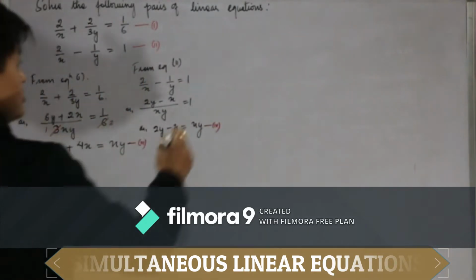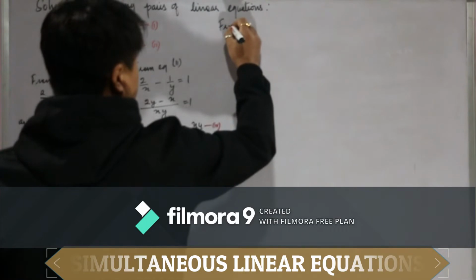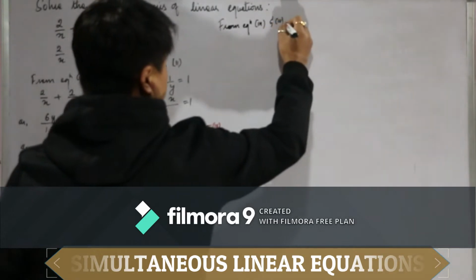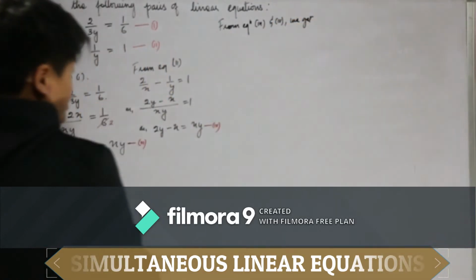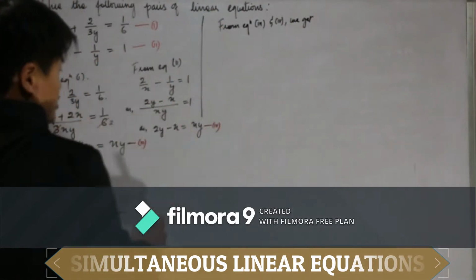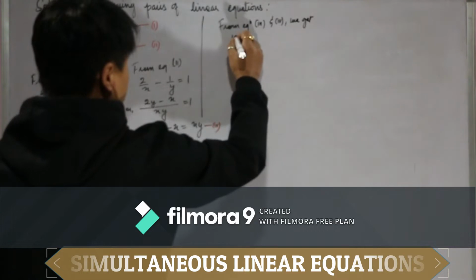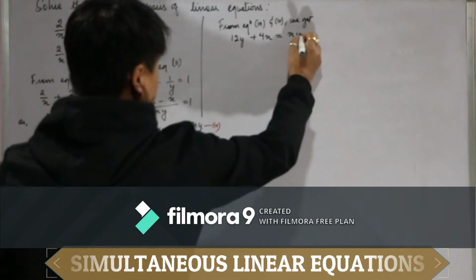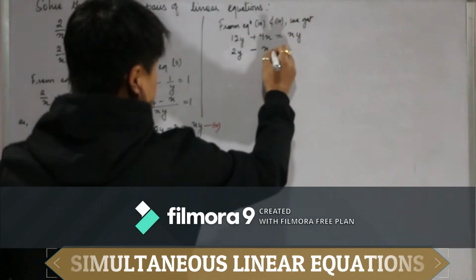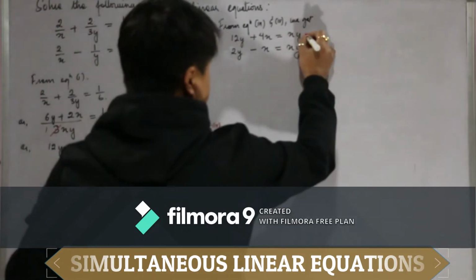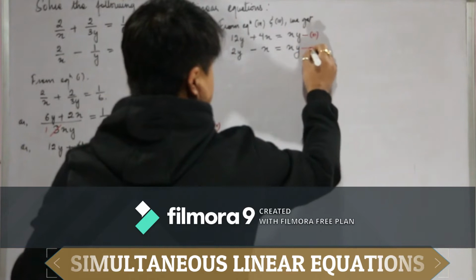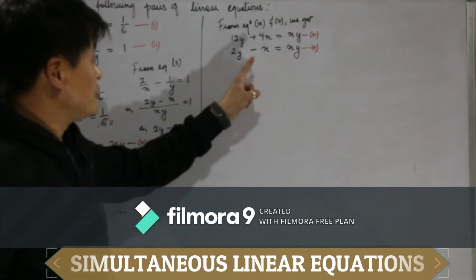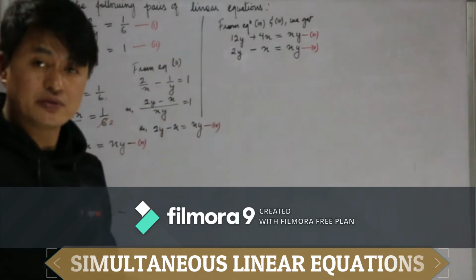Now from equations 3 and 4, what will we get? Equation 3 is 12y plus 4x equals xy, and equation 4 is 2y minus x equals xy. To solve these two equations, we first have to make the coefficient of one of the variables equal.